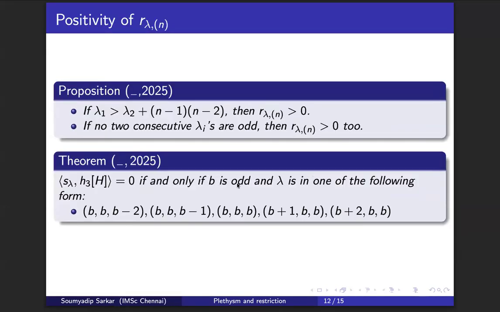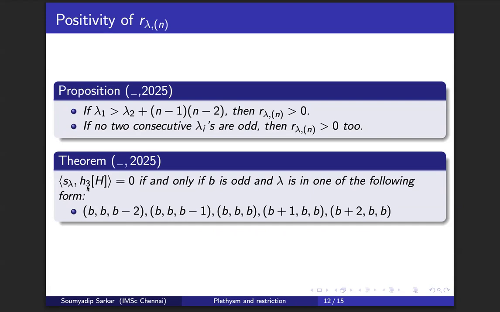And here is one theorem. This is completely classified for n equal to 3. The Weyl module W lambda C3 will admit an Sn invariant vector if and only if B is odd and lambda is in one of the following forms: B B B minus 2, B B B minus 1, and so on.